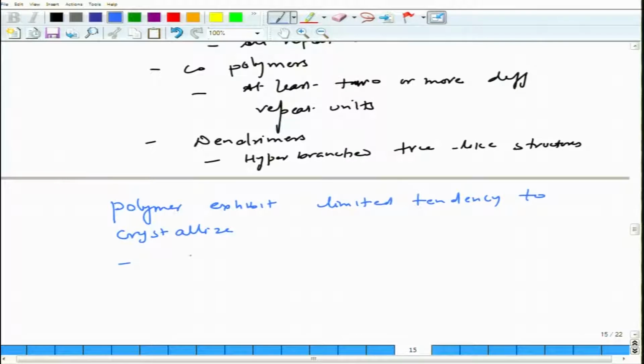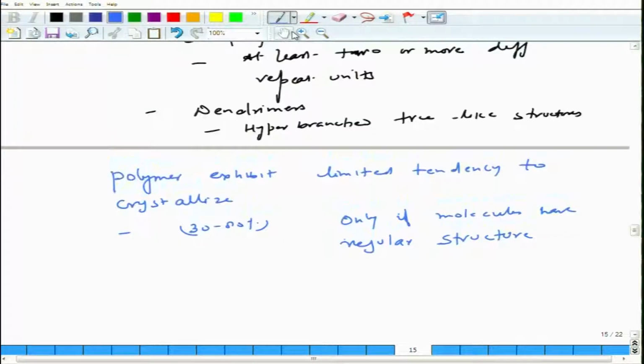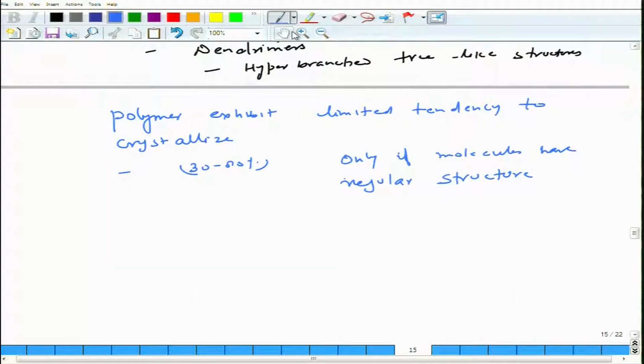Usually 30 to 80% limited crystallinity is possible only if the molecules have a regular structure. So that usually means that most of the time the polymers are amorphous in nature.